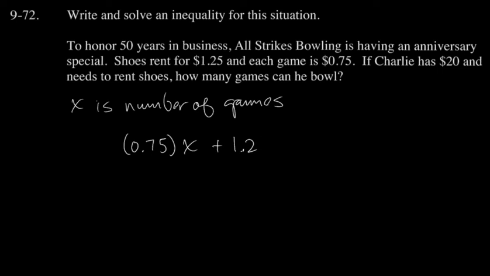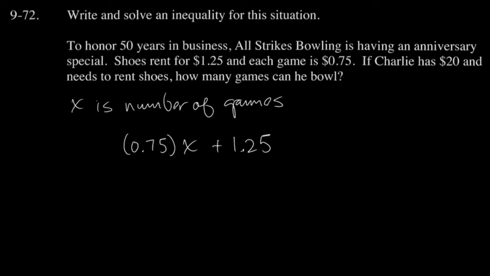So what we're looking at here is an expression that describes how much money he would spend if he played x games. You put in 5 games and it'll tell you exactly how much it would cost to play the 5 games and to rent the shoes.